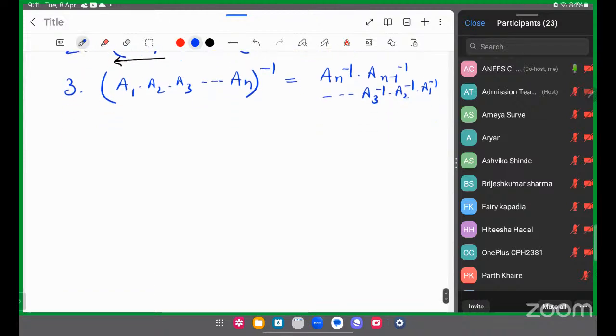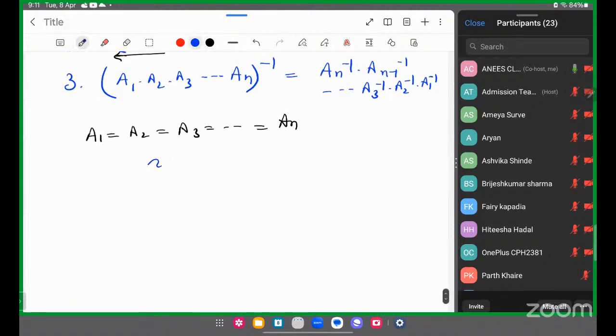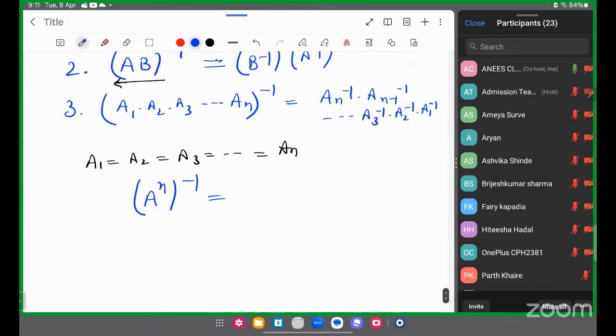Now in property number 3, if you take A1 equals A2 equals A3 equals up to AN, it will give an interesting result, which will be A multiplied n times, that is A raised to power n, with inverse, and on the right hand side it will be A inverse multiplied n times, so this will be A inverse raised to power n.